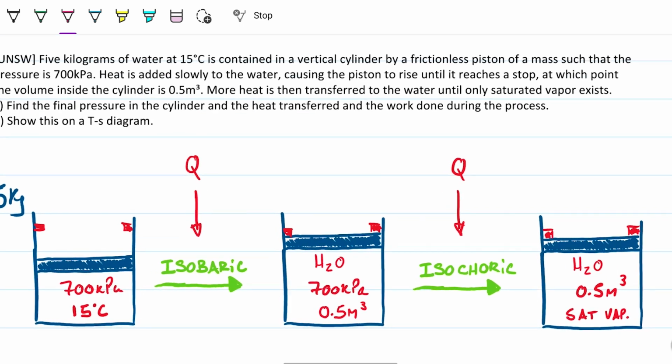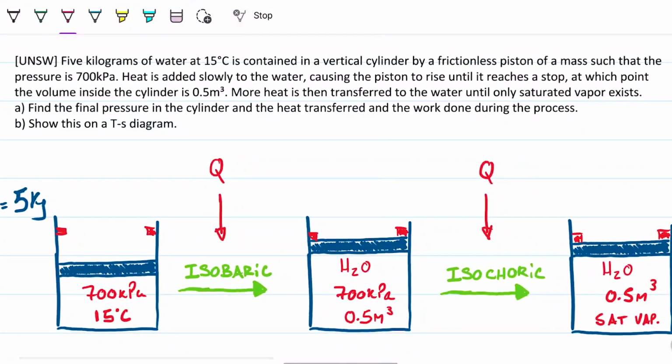Okay, this is a problem by UNSW, and the problem statement reads like so. 5 kilograms of water at 15 degrees Celsius is contained in a vertical cylinder by a frictionless piston of a mass such that the pressure is 700 kilopascals. Heat is added slowly to the water, causing the piston to rise until it reaches a stop, at which point the volume inside the cylinder is 0.5 meters cubed.